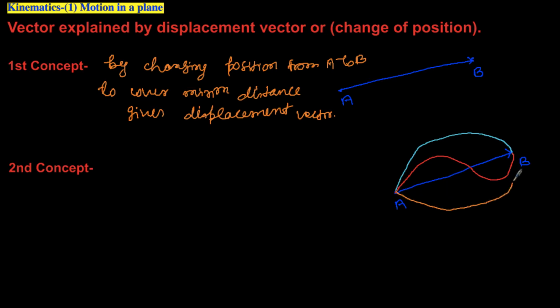But what is the displacement vector telling you? Suppose I have gone in this way. This is my path of motion. But A to B, this will represent the displacement vector. It is telling us directly the overall effect of the motion. It doesn't tell about which path I have gone.